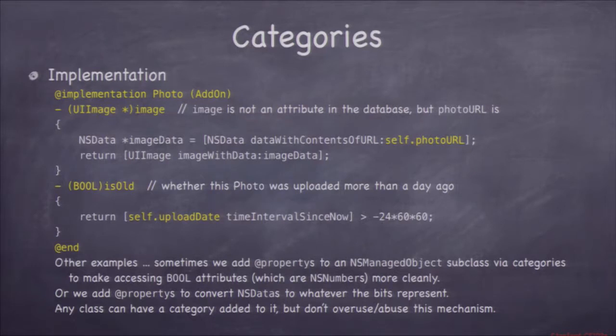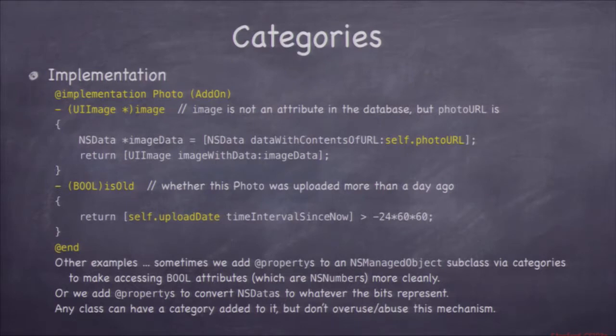It actually probably would be NSURL from string, self.photoURL string, because we can't put URLs directly in the database. But anyway, then it would say return UIImage with data, and return the image. Okay? So no instance variables there. Same thing with isOld. Might say self.uploadDate, time interval since now is greater than a day ago.